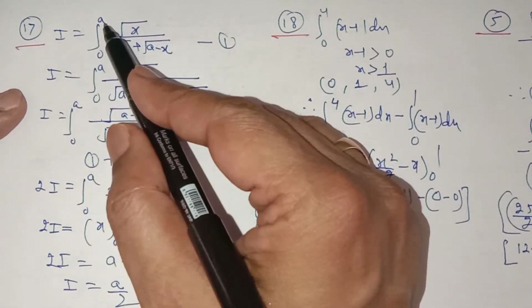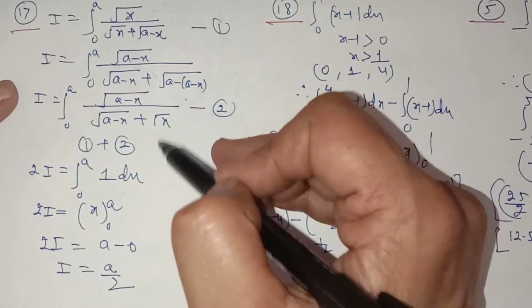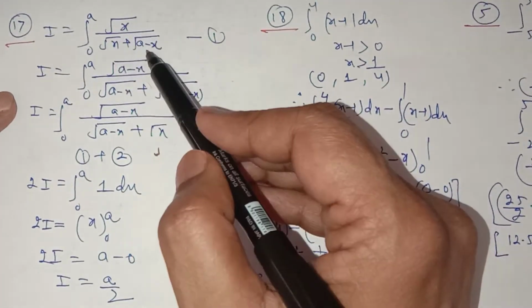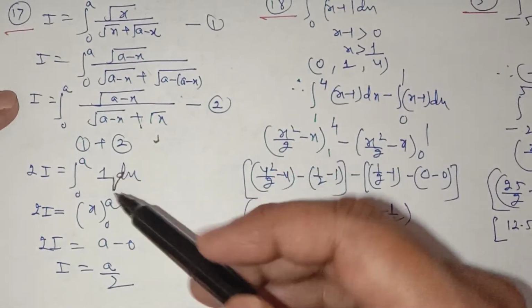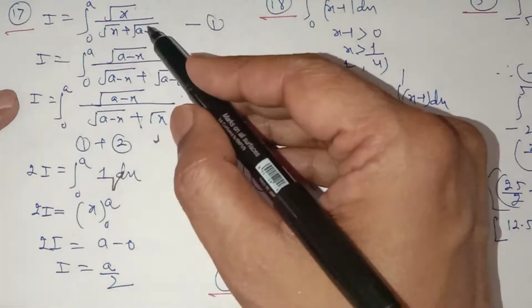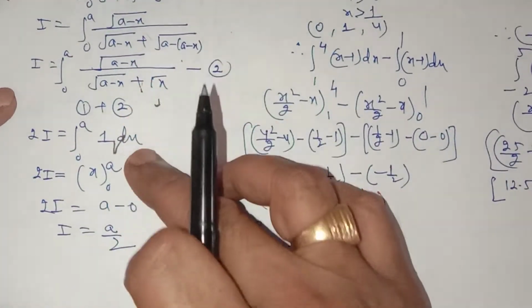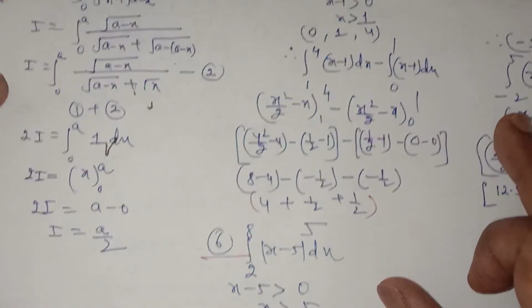So in place of x, you can write a minus x in the numerator as well as in the denominator. By doing this, it becomes root a minus x upon root a minus x plus root x. When you add these two, you'll get 1. You have done this type of question, two, three, four questions like this. The integration of 1 is x, you know it. And upper limit minus lower limit, you'll get a by 2.